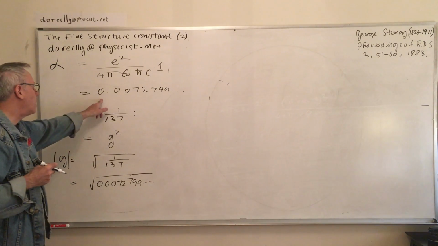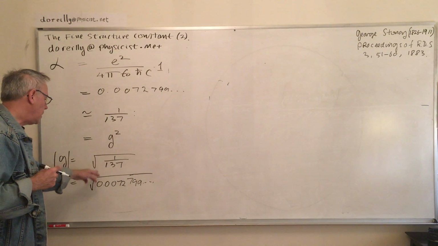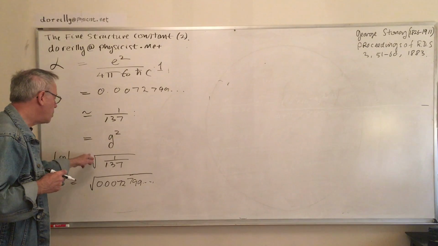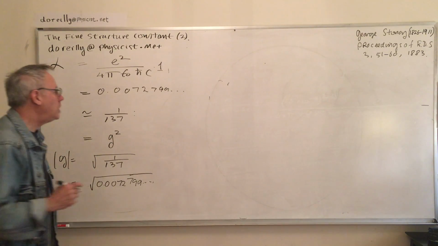I would like people to start memorizing the fine structure constant more like this number than this one, but it's traditionally done this way. So g squared is this. Now what is g?